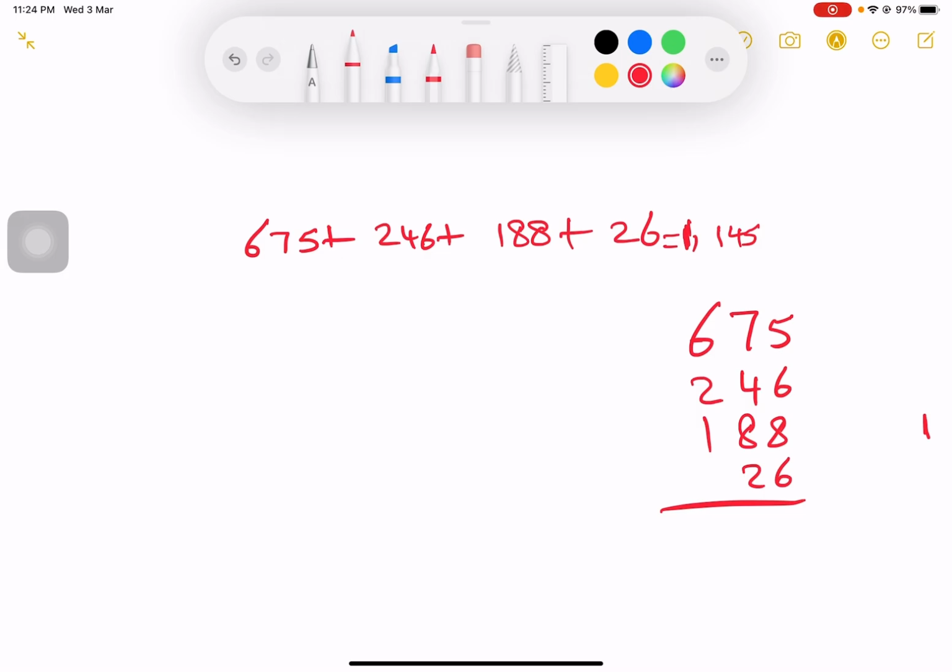6 plus 6 is 12, 12 plus 5 is 17, 17 plus 8 is 25, 5 and 2 above. 2 plus 7 is 9, 9 plus 4 is 13, 13 plus 10, 23, 3 and 2 above. 2 plus 6 is 8, 8 plus 1 is 9, but we have the 2 above, 2, 6, 8, 8, 2, 10, 11.